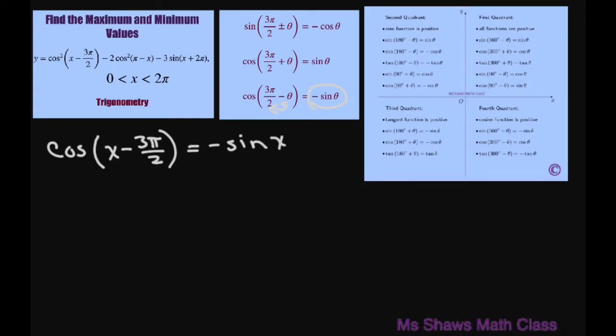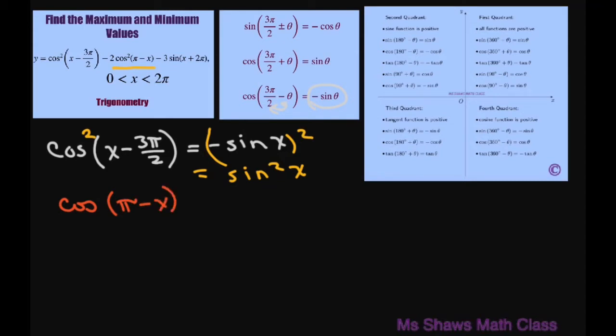So when you square both sides, this is going to equal sine squared of x. All right, for this next one, we have cosine of pi minus x.